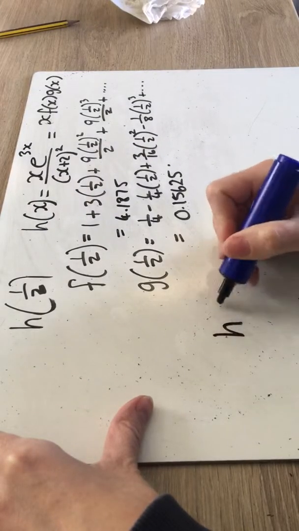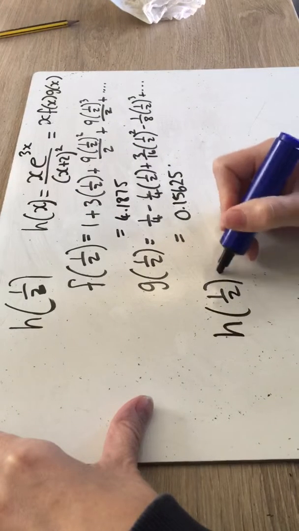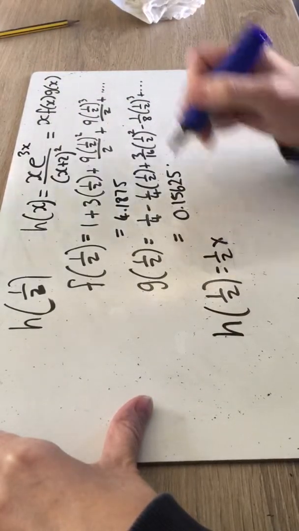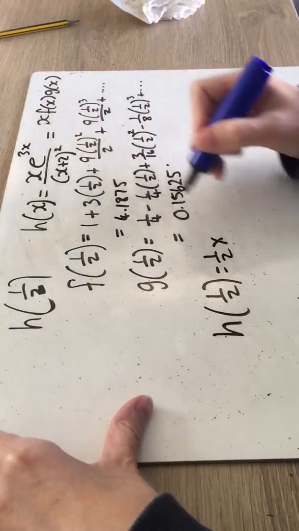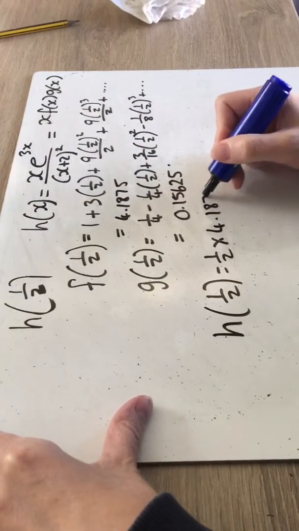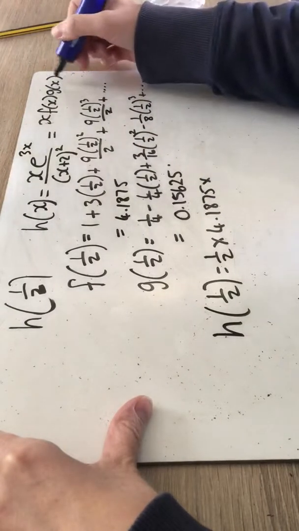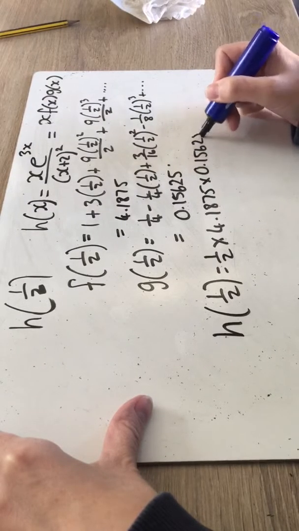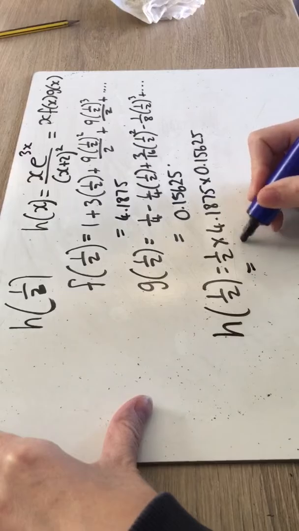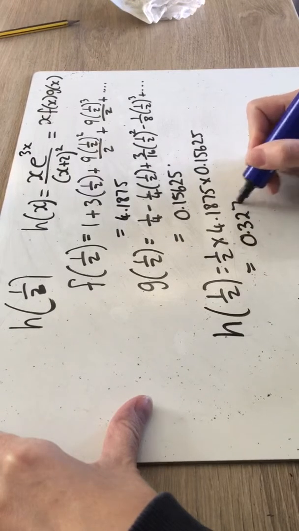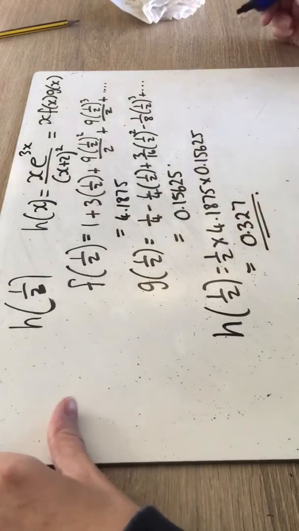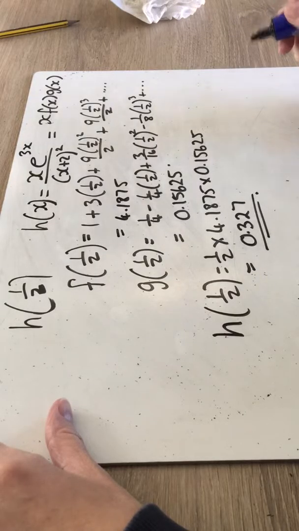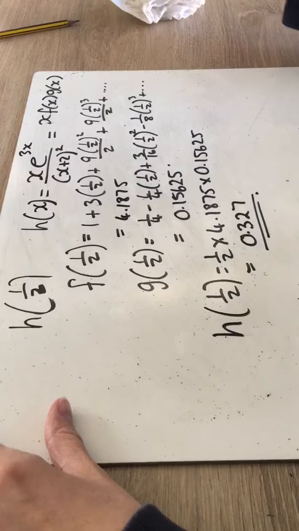So h of a half is going to be a half times f of a half, which is 4.1875, times g of a half, which is 0.15625, and working that out in your calculator, you end up with an approximate value for h of a half to be 0.327.